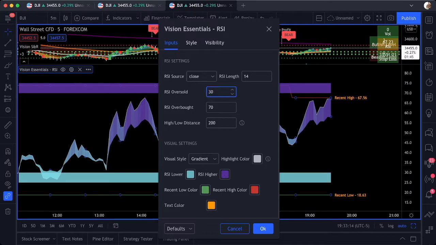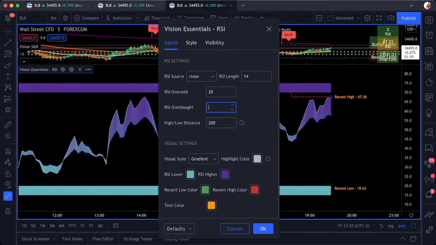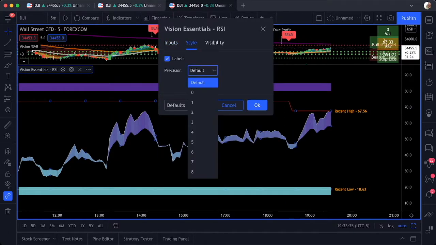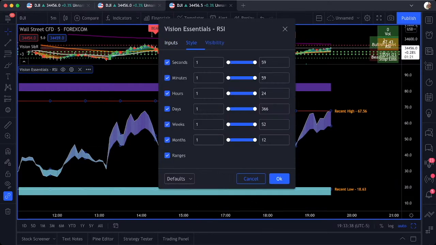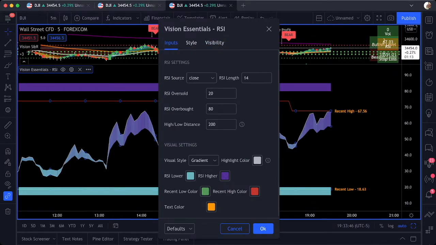Sometimes I will change it to 20/80 just because I've noticed with a lot of stocks or indices, pretty much anything, 20/80 is a really good range as well. Style, leave that alone. Visibility, you can mess with this. I highly suggest against it. Basically, if you want to play with anything, play with the colors and your oversold, overbought, and distances.